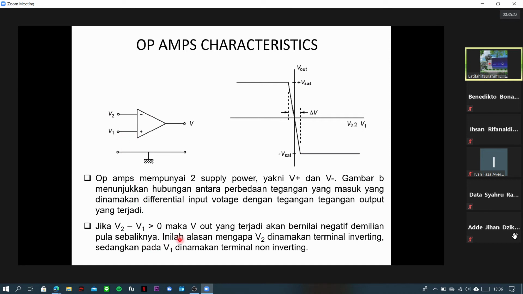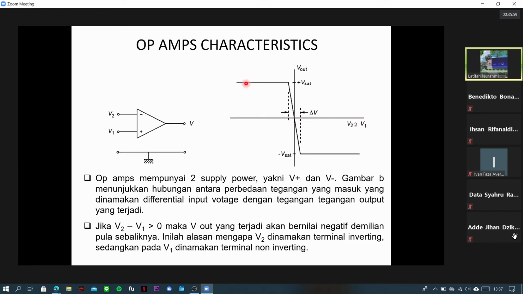So if V2 minus V1 is more than 0, then Vout, the output voltage, will be negative. And the other way around, if V2 minus V1 is less than 0, then the output voltage will be positive. This behavior is described by the graph here. We have V2 minus V1, which we may call delta V.